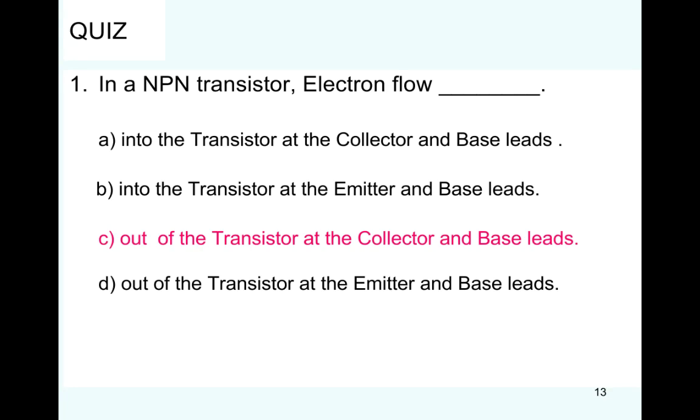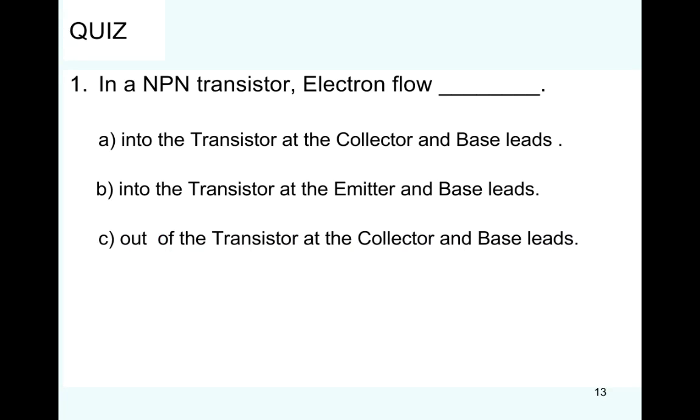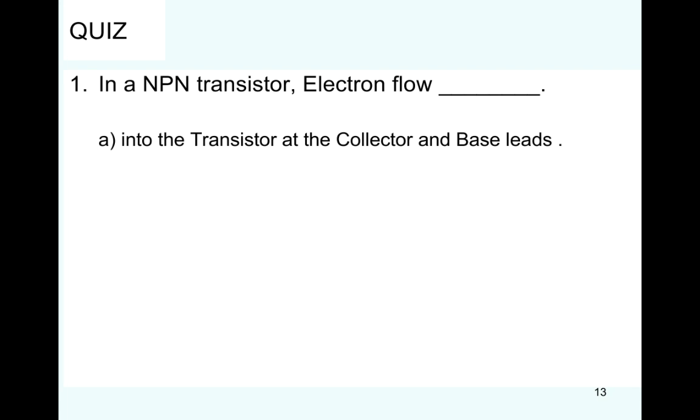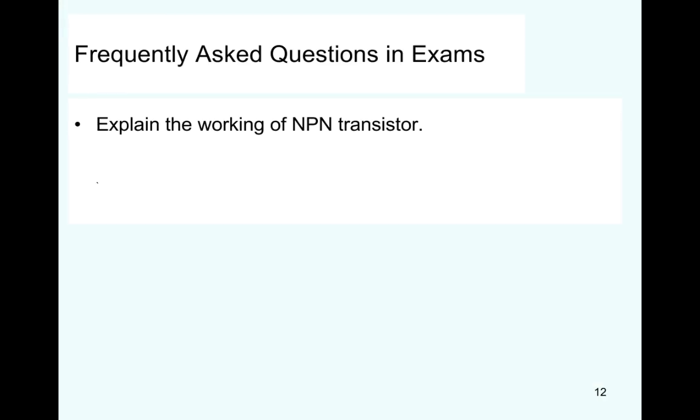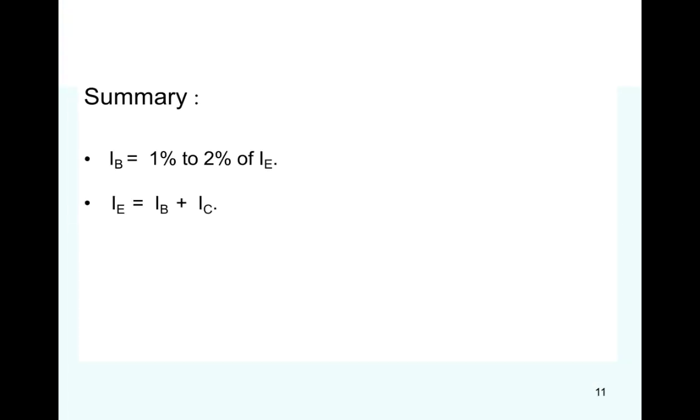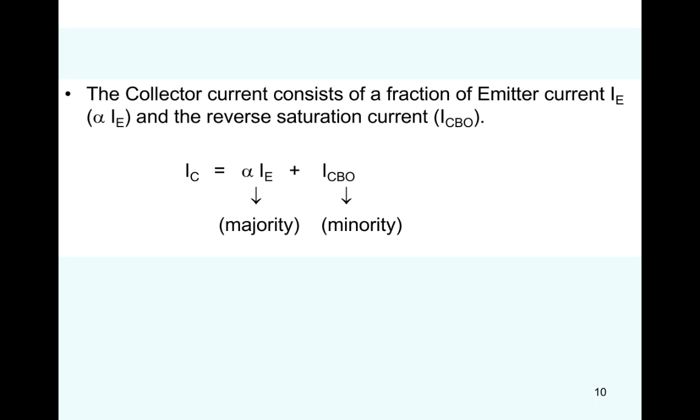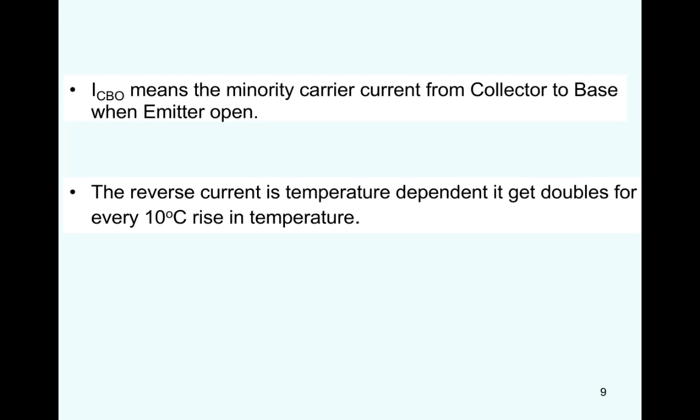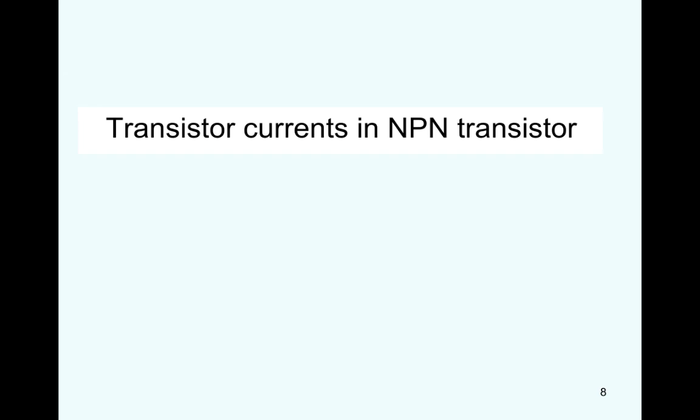So how will the NPN transistor operate in active mode? Active mode means the emitter and base are forward biased and the base and collector are reverse biased.